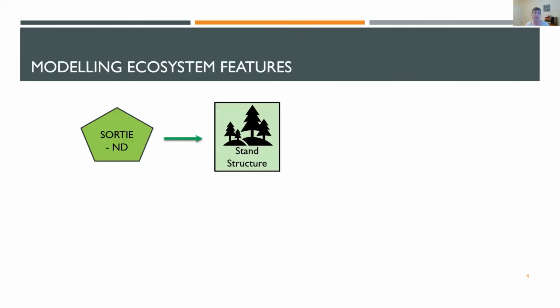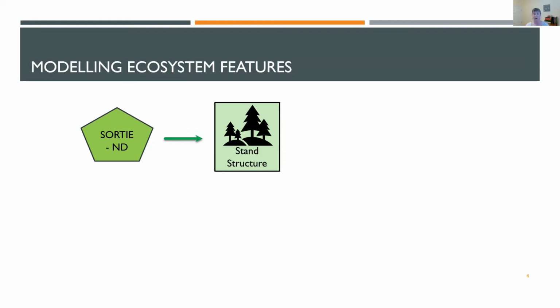So we have a model, SORTIE-ND, that allows us to model stand structure. Sorry, it's an individual tree spatially explicit model that allows us to model complex stand dynamics. So it models individual trees, their recruitment, their growth, and their mortality based upon the size of the tree, the species, their location, their light environment, and their competitive environment.